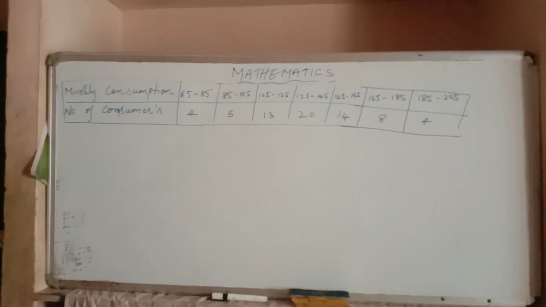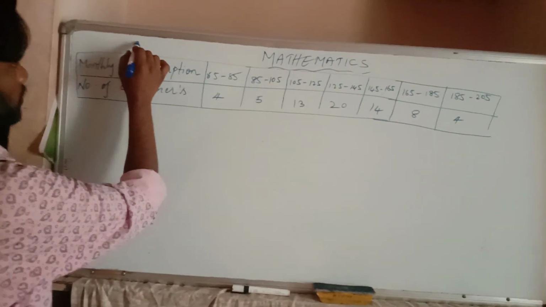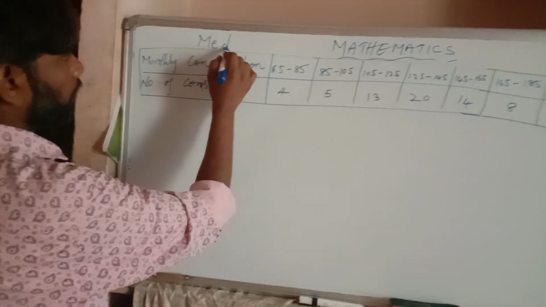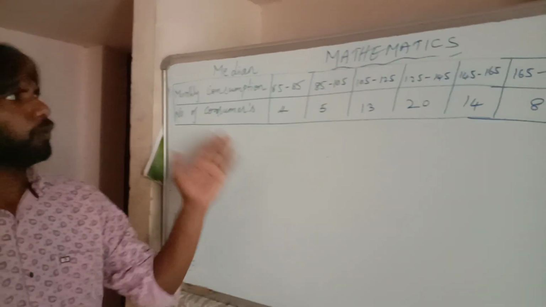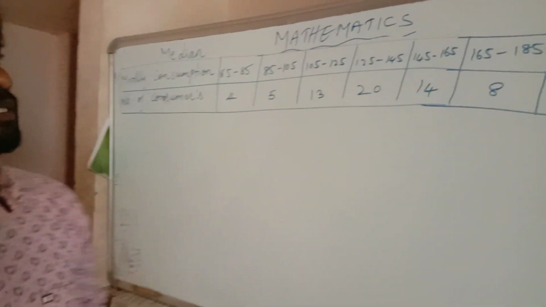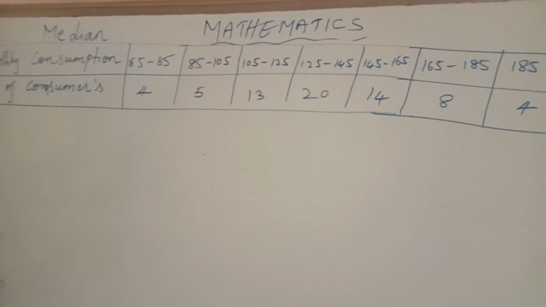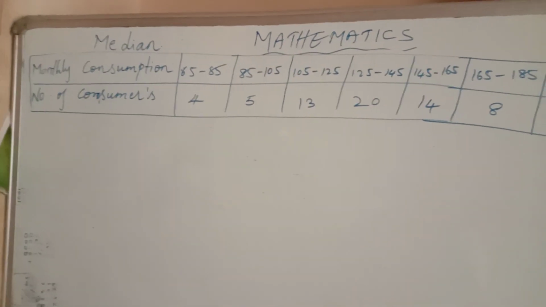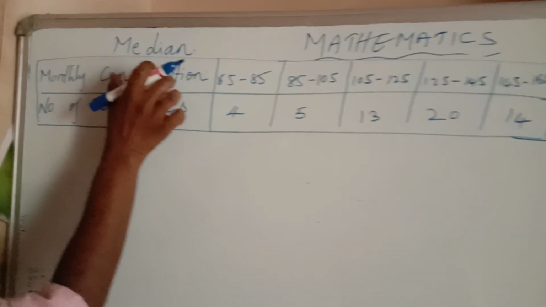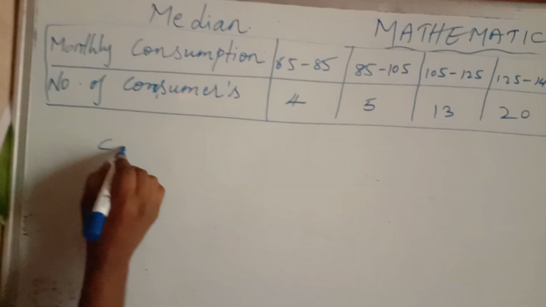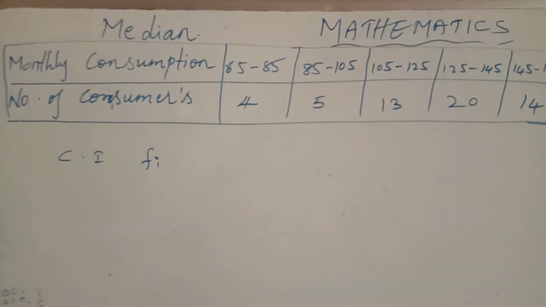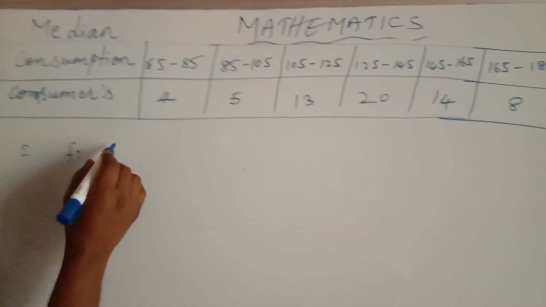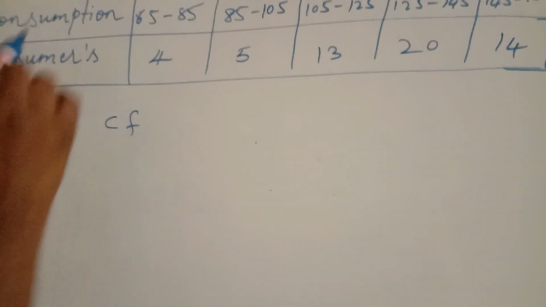So this is the median I'm doing, which is very important for 4 marks. Whenever the question is like this, I write the monthly consumption as class interval, the second column as frequencies, and the third one as cumulative frequency.